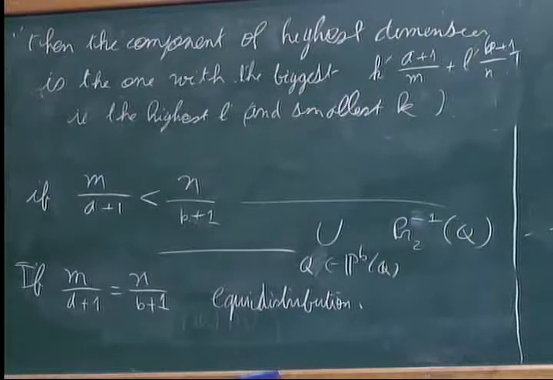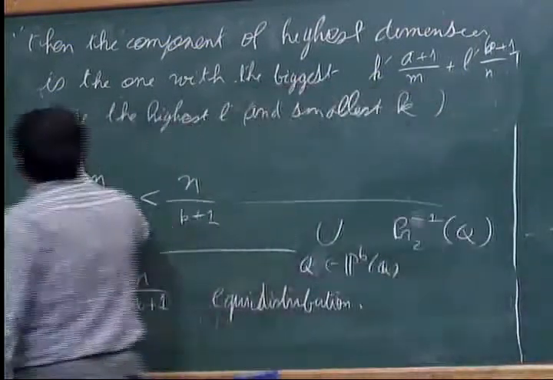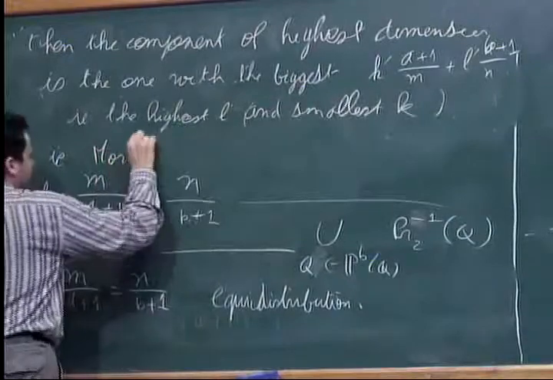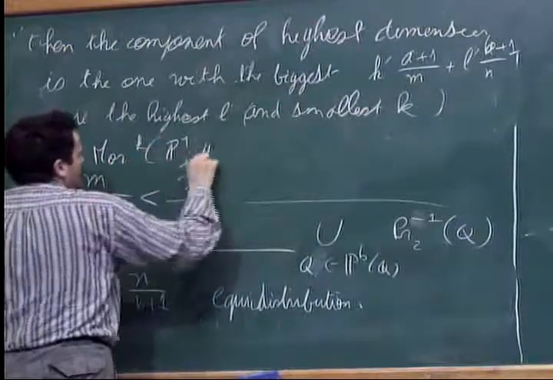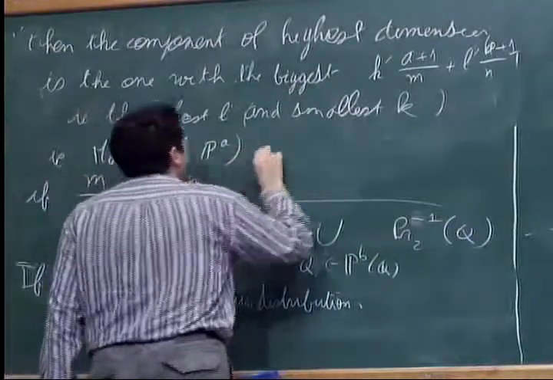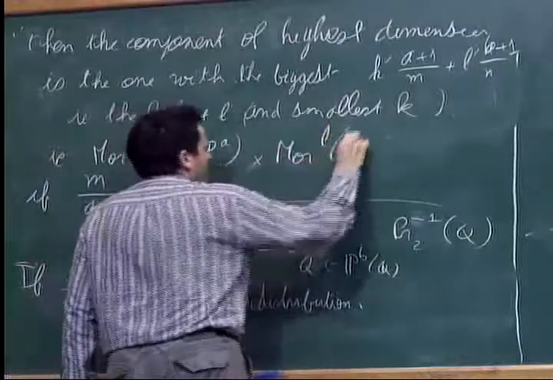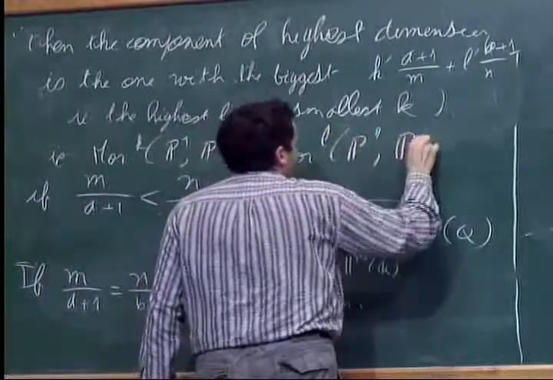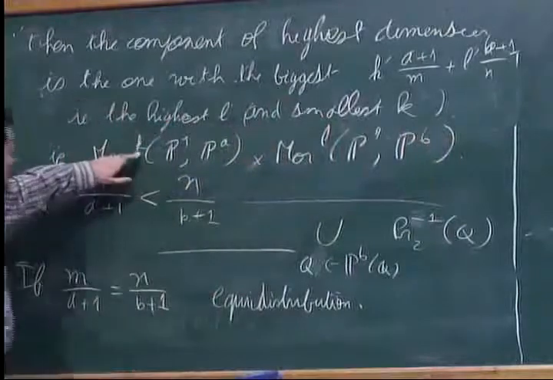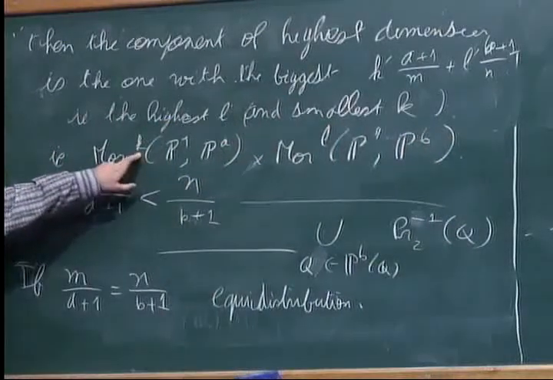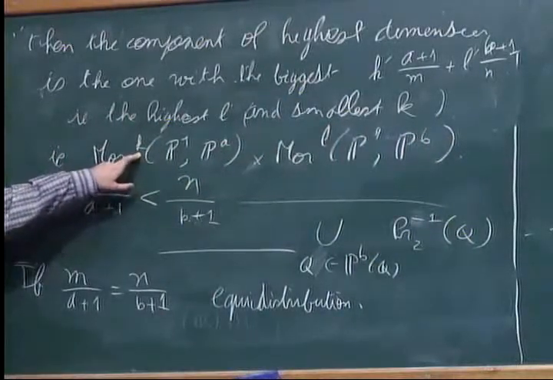Okay, but then if I look at this description here, this means that in fact I take this product with k here as small as possible. But what did I say yesterday?